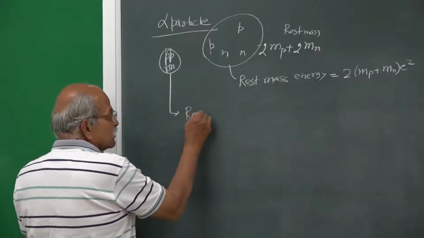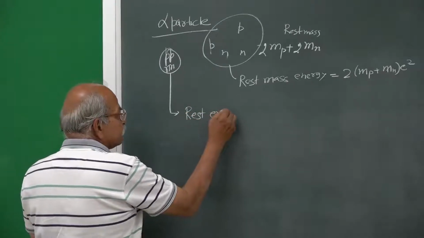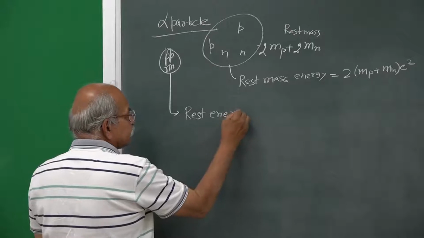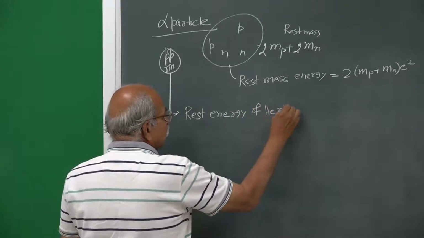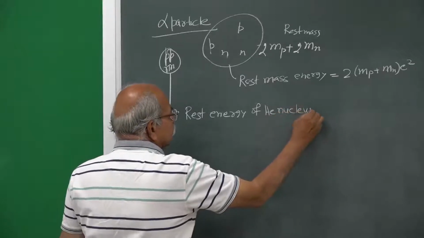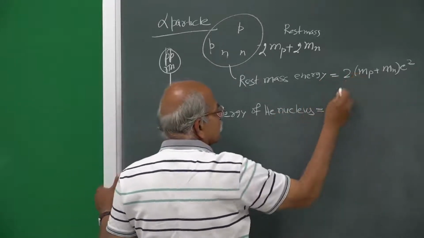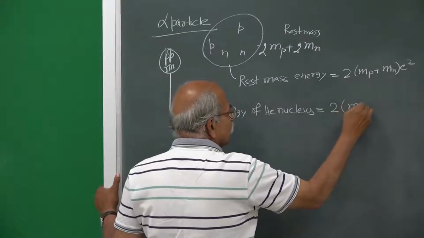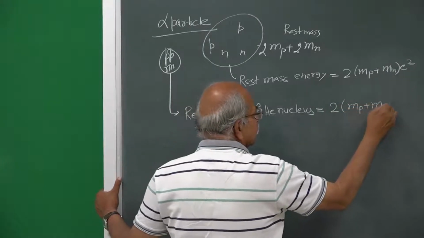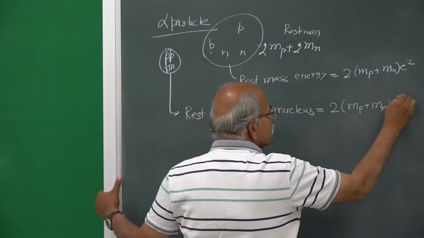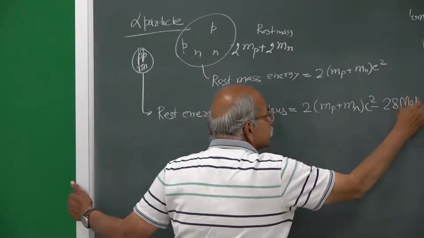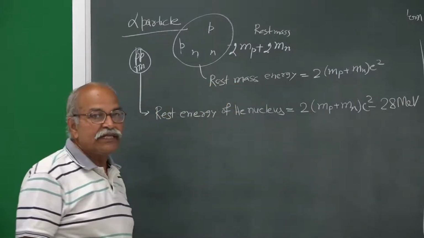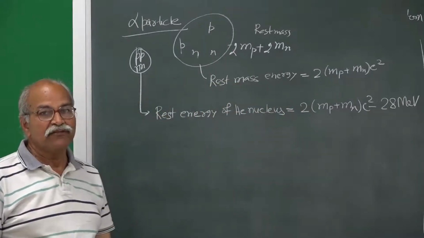The rest mass energy of the helium nucleus, or alpha particle, is this quantity, (2mp + 2mn)c², minus about 28 mega electron volts.